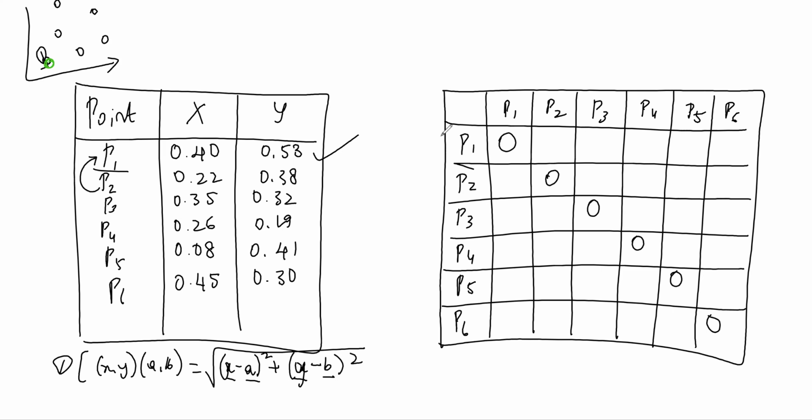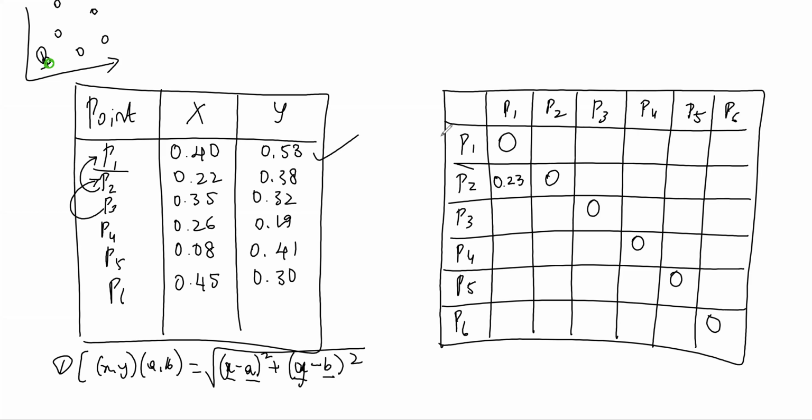Did anyone get the answer? 0.234, exactly, yes. So I'm going to write it over here, 0.23. P2 to P2 is nothing, so that is 0.